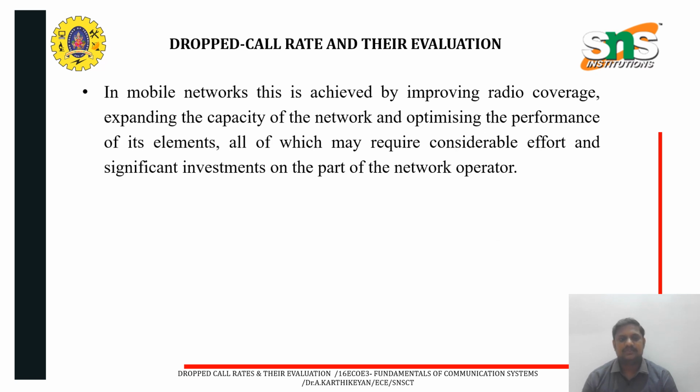In mobile networks, we have to improve the radio coverage, because we are using RF frequency ranges, and expand the capacity of the network. Only with network capacity will the connectivity performance increase, and it must also be optimized. With optimized performance and network capacity, the call drop rate will automatically be reduced.